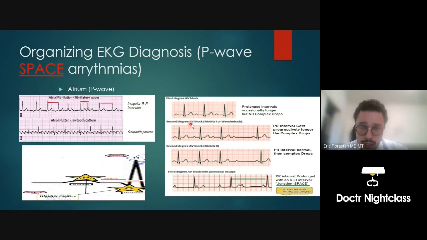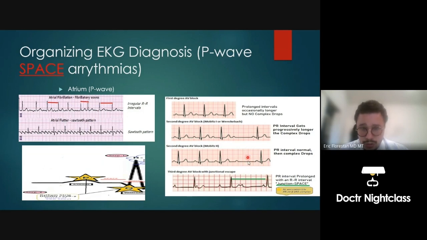That's second degree AV block. They call it Mobitz type 1. There's a type 1, there's a type 2. With type 2, the PR interval is normal, so there's no prolongation between the P and the QRS. These are normal. And then all of a sudden, there's a drop of the QRS complex.